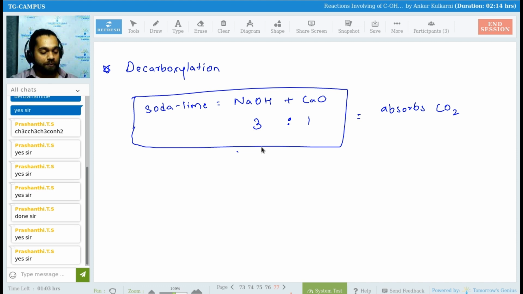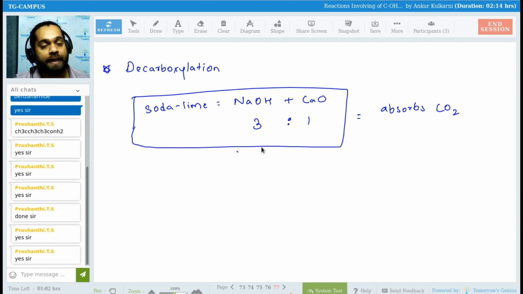Soda lime absorbs carbon dioxide. Okay, so suppose I have any acid.